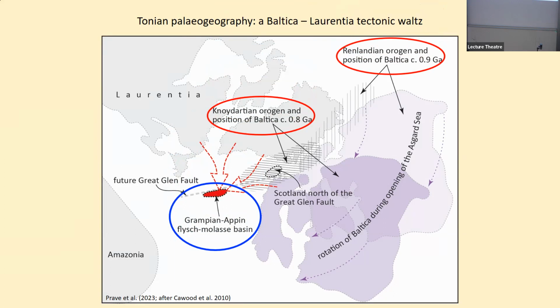And what I've highlighted in blue is an inference then that the Grampian Iapetus group rocks represent the flysch molasse sediment being shed off of these collisional orogenic belts.